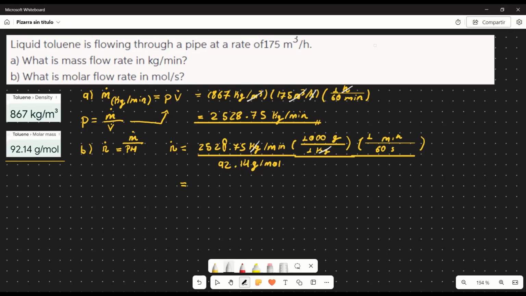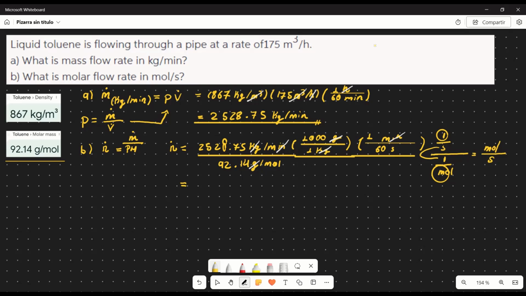Kilograms go with kilograms, grams go with grams, and minutes go with minutes. Here we have 1 over second over 1 over mole, so we use the rule that within a fraction division, this goes to the numerator, moles, and this goes to the denominator. We're left with moles per second, which is what we're asked for.